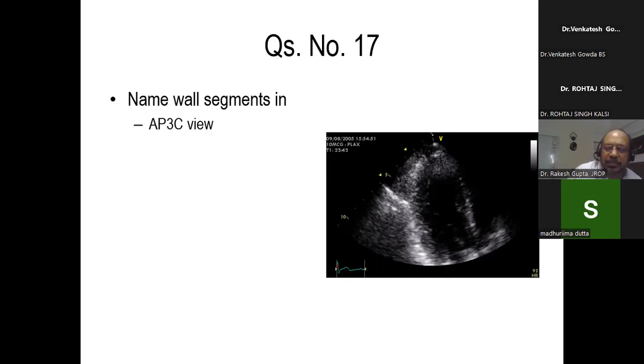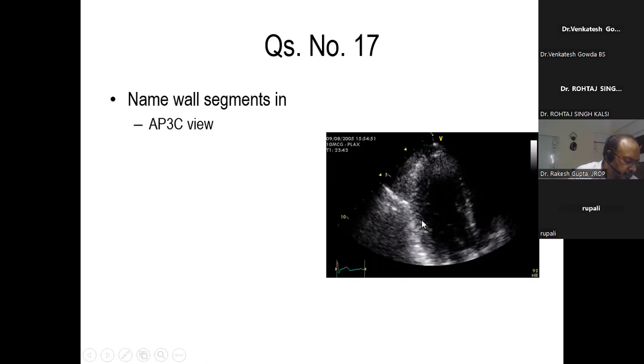Rupali, what is this segment? Sir, this is inferolateral wall, basal inferolateral, mid inferolateral, and apical lateral. And opposite to this is anteroseptum. Basal anteroseptum, mid anteroseptum, and apical septum. What is the supply of this segment?